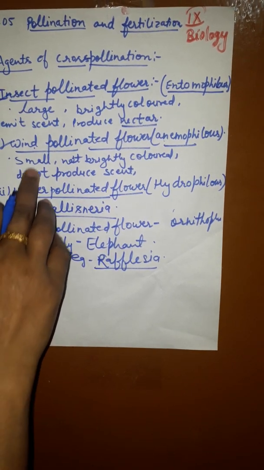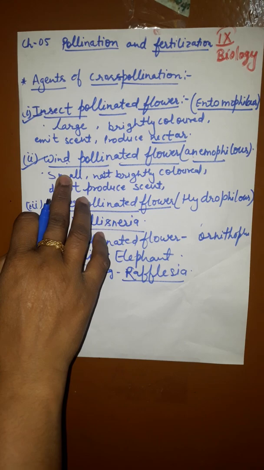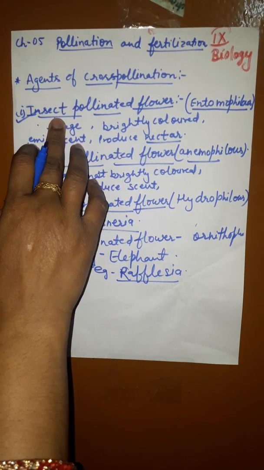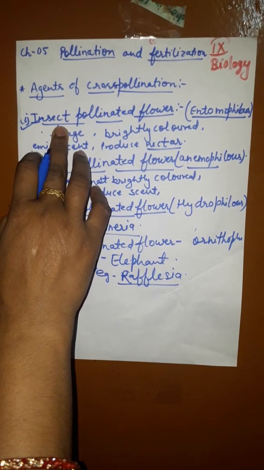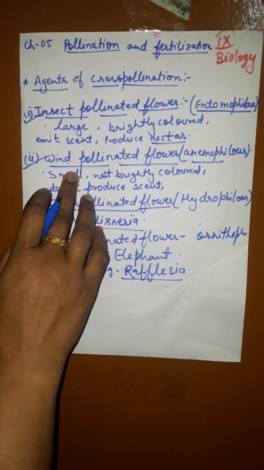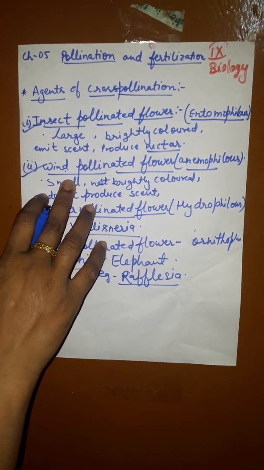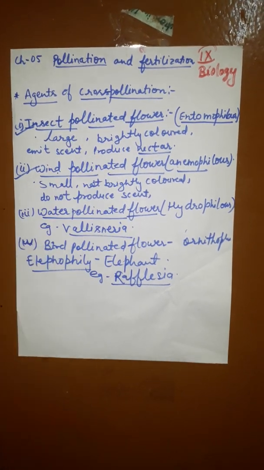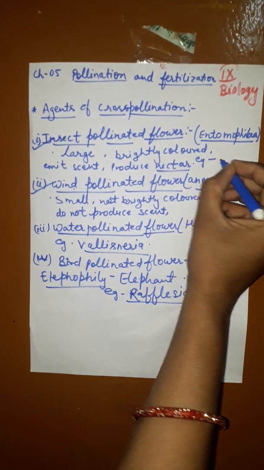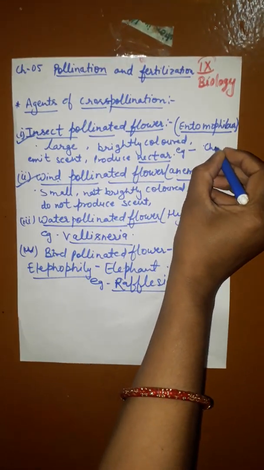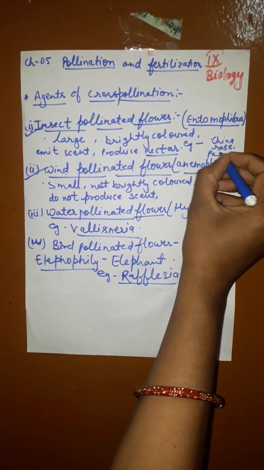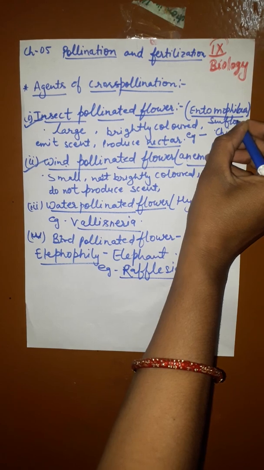In insect pollination, stamens may be within the corolla tube, and in wind pollination, stamens are long and protrude above the petals. Examples of insect pollinated flowers are China rose, pea and sunflower.